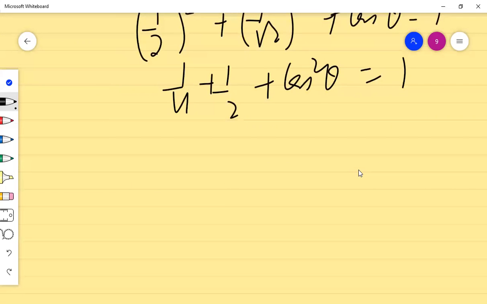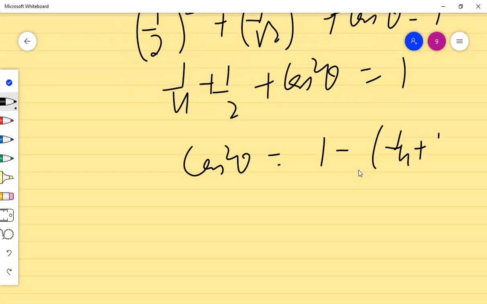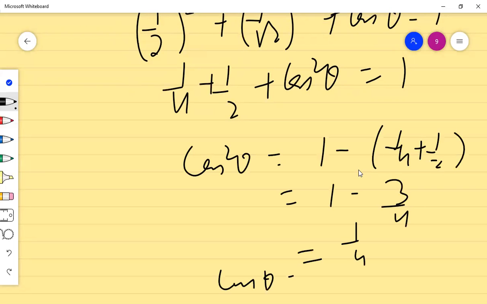This will be cos square theta equals 1 minus (1 by 4 plus 1 by 2), which gives cos theta 1 by 2. So theta equals pi by 3.